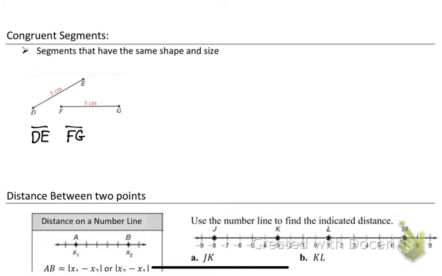It looks kind of like an equal sign, but we're going to add a little squiggly mark on top of it. That symbol right there stands for congruent. Segment DE is congruent to segment FG. Same size, same shape.